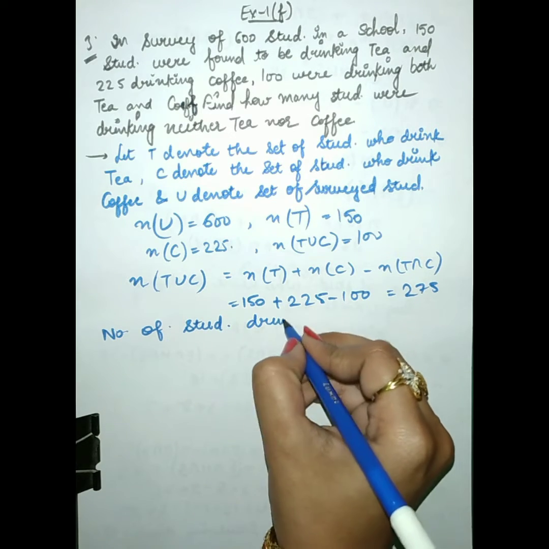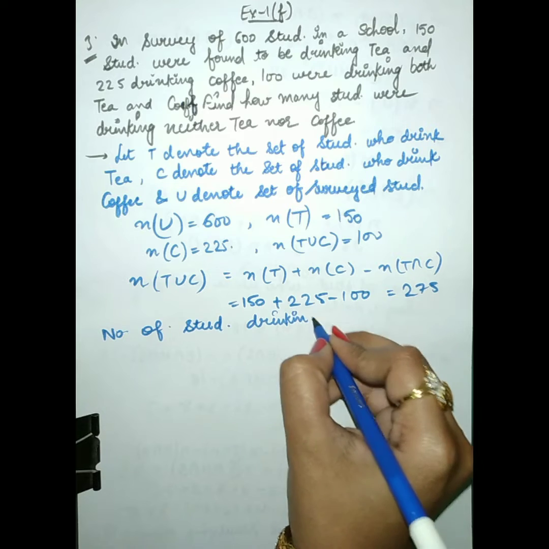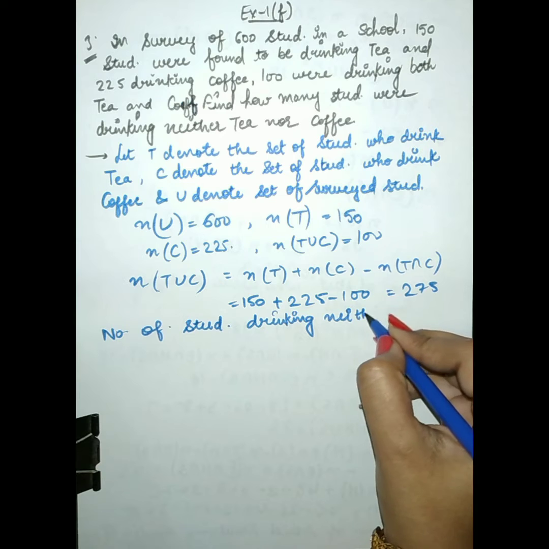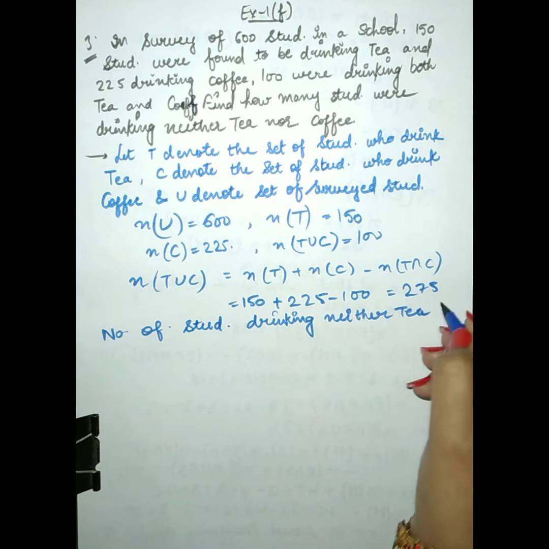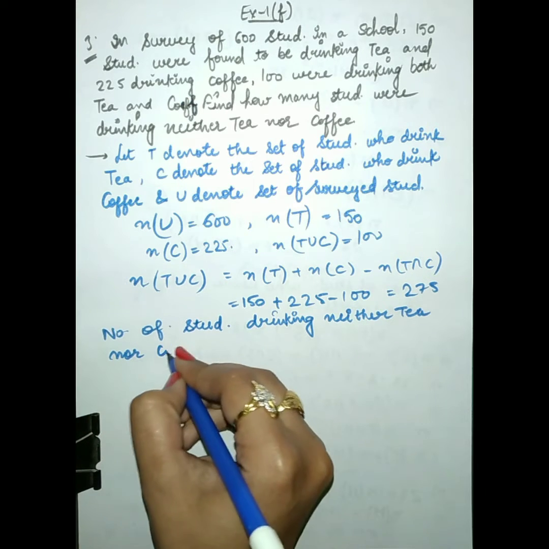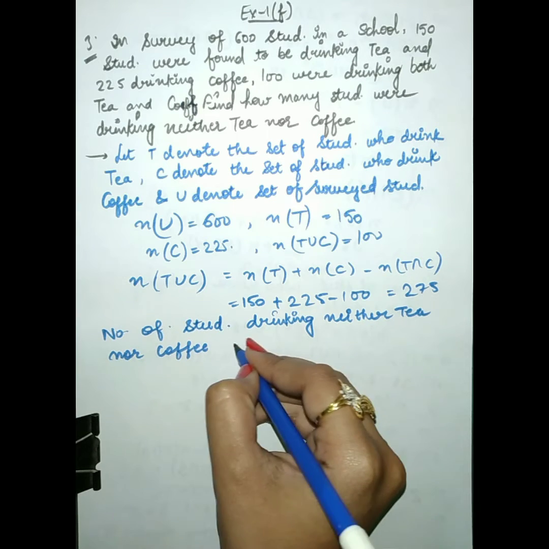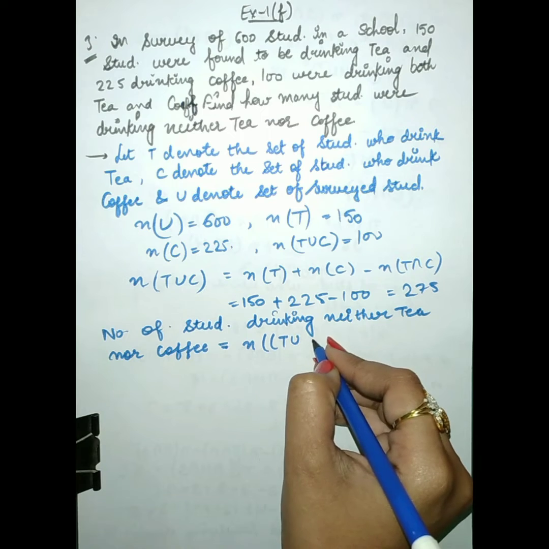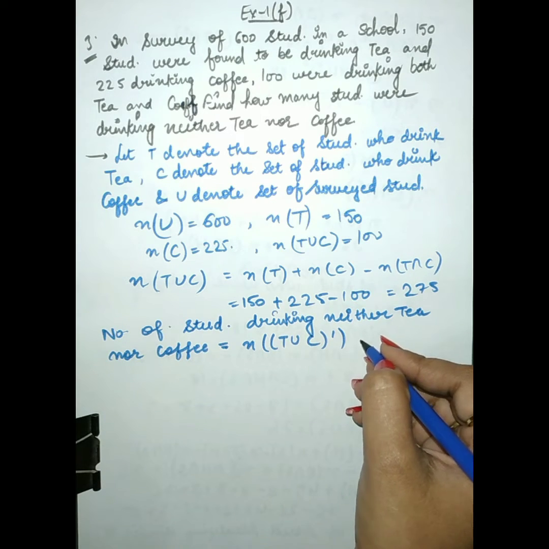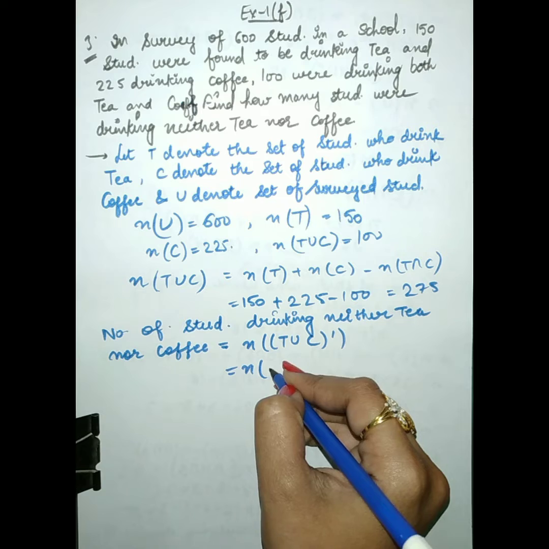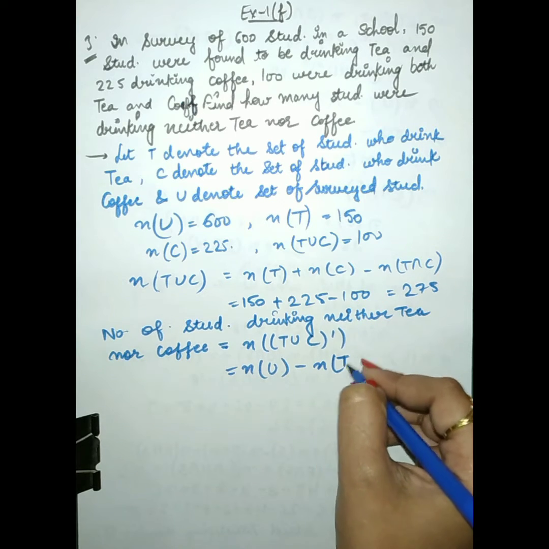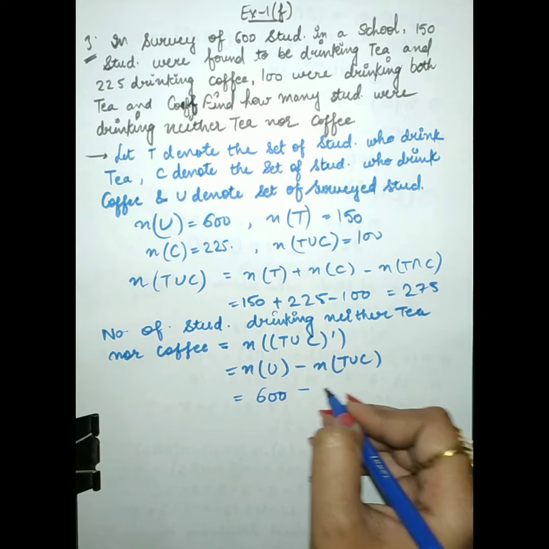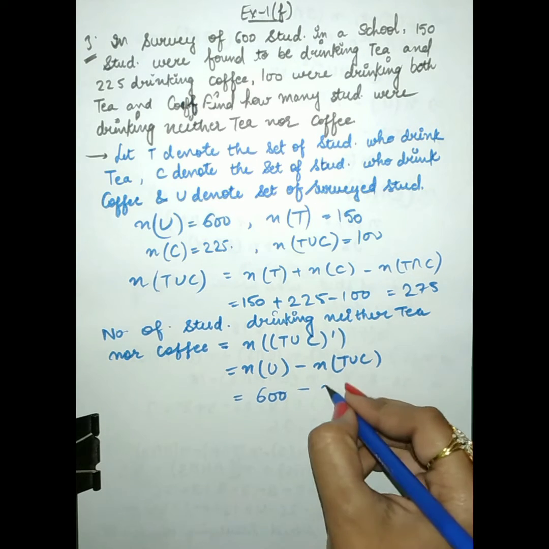Then the number of students drinking neither tea nor coffee will be equal to n((T union C) complement), which will be equal to n(U) minus n(T union C), which will be equal to 600 minus 275.